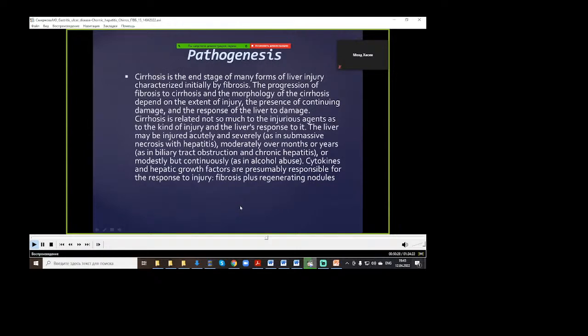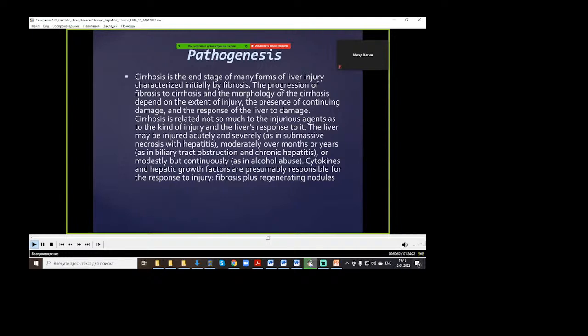Pathogenesis. Cirrhosis is the end stage of many forms of liver injury, characterized initially by fibrosis. The progression of fibrosis to cirrhosis and the morphology of cirrhosis depend on the extent of injury, presence of continuing damage, and the response of the liver to the damage.